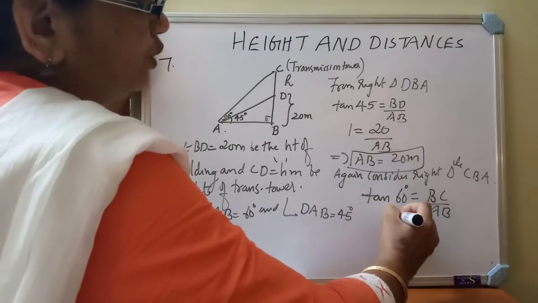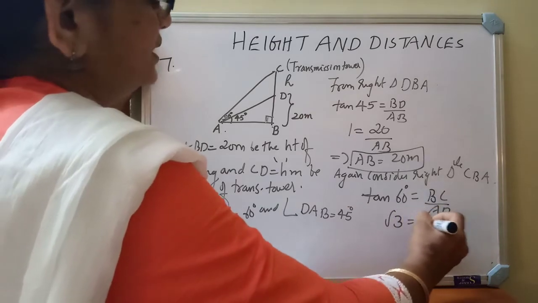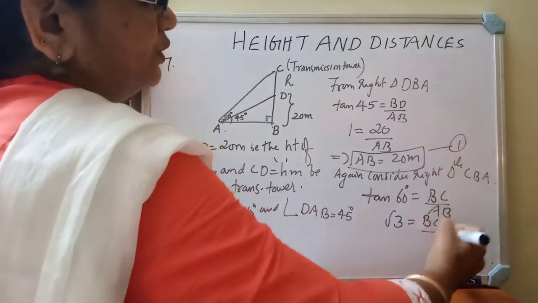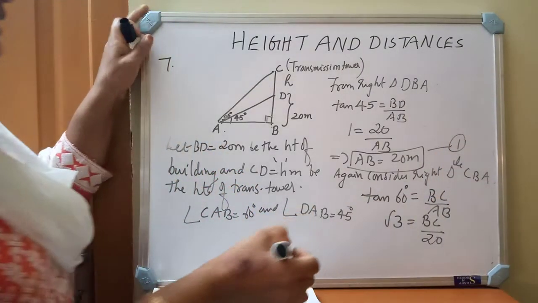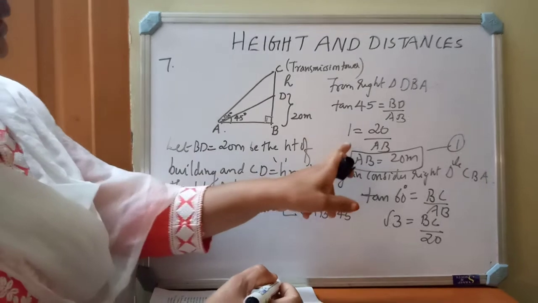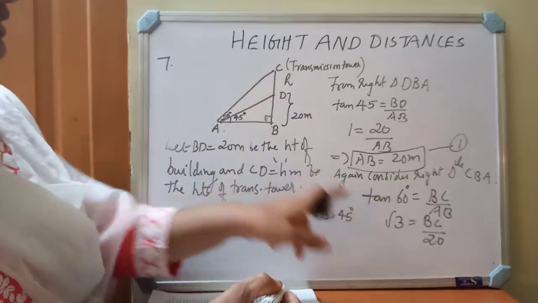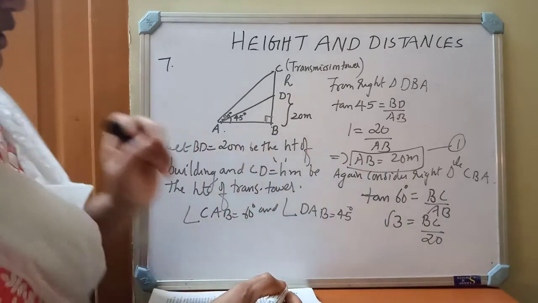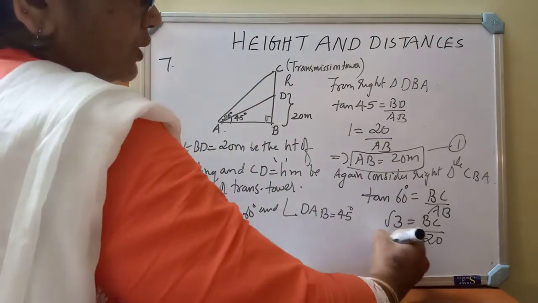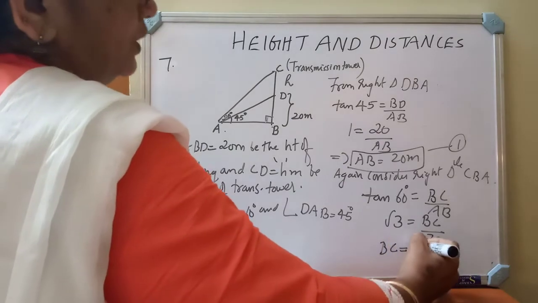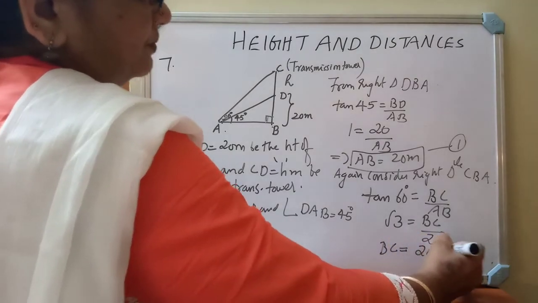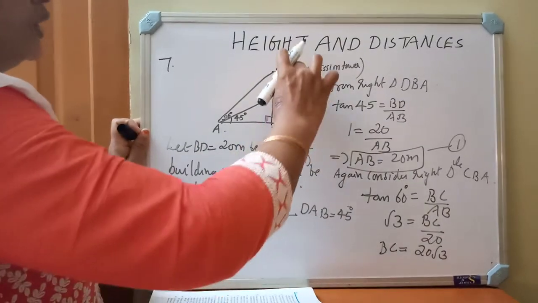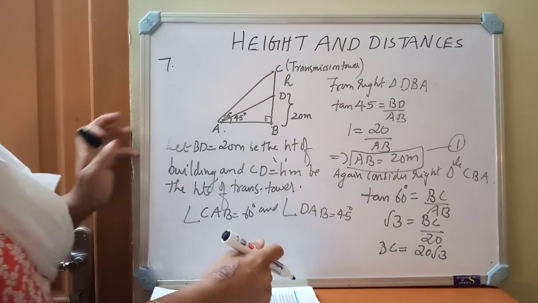Root 3. So root 3 is equal to BC by AB, we got AB as 20. So you can substitute here. That is the reason I did tan 45 first. Then I considered the second triangle, because for substituting the value of AB as 20, we will get BC equal to 20 root 3. The total height is 20 root 3.